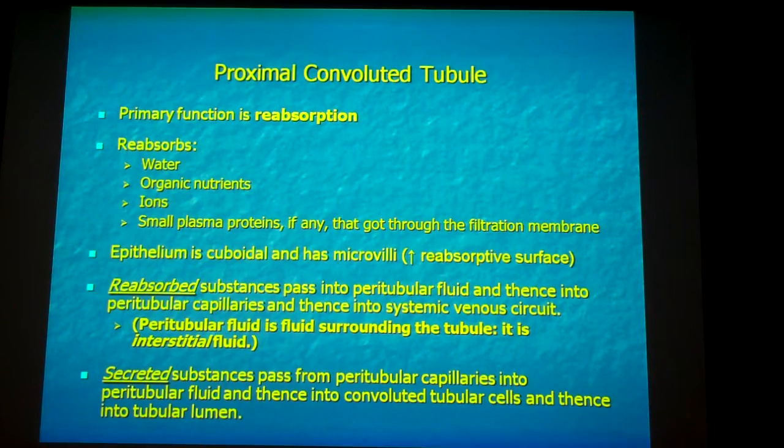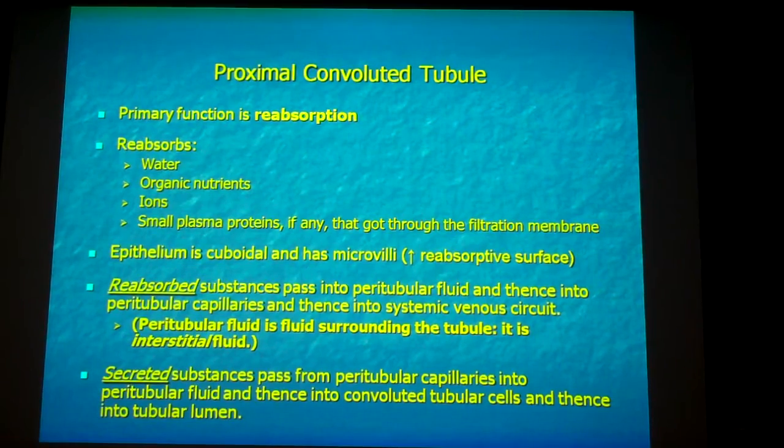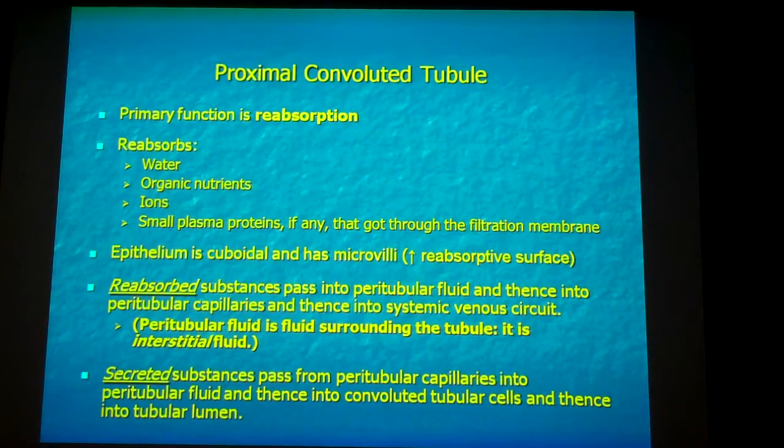But if they do, they are promptly reabsorbed by the proximal convoluted tubule. So we shouldn't be passing any protein in our urine, should we? Under normal circumstances. Sometimes some of those little plasma proteins get hung up in the filter, and if they do, they're phagocytized. Get rid of them. All right?